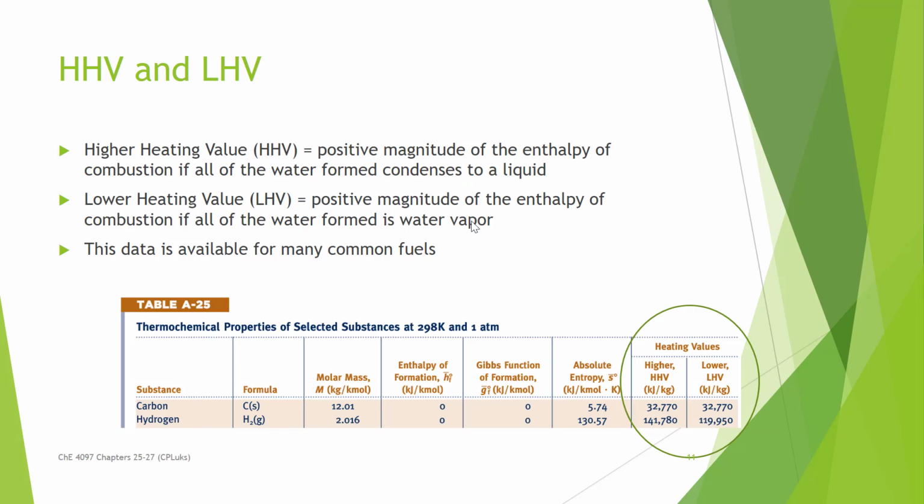If it is a water vapor, then you have the lower heating value. Those values are shown over here for a couple of items. This is just a basic table of data that you might find, but that's helpful because it allows you to very quickly calculate how much energy you can get out of a combustion reaction.